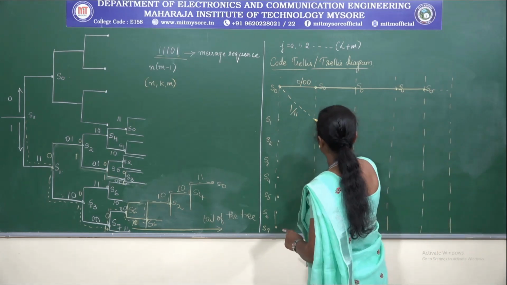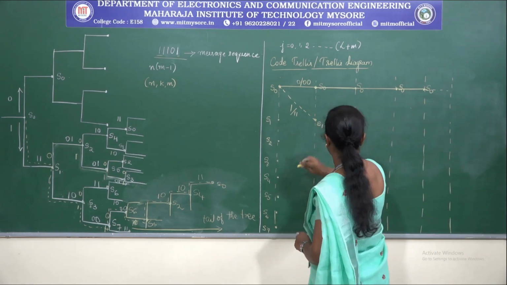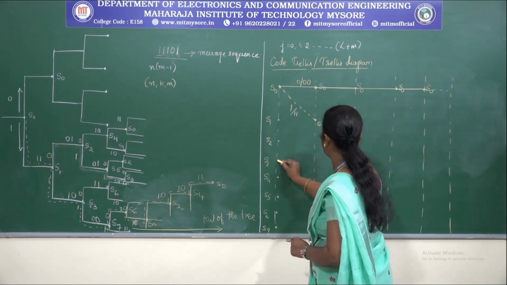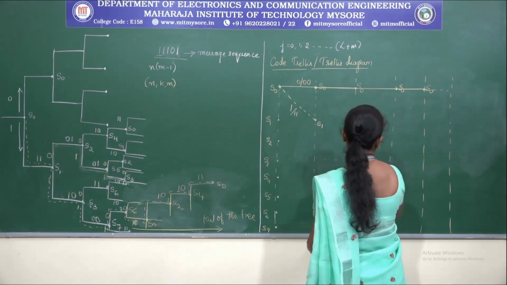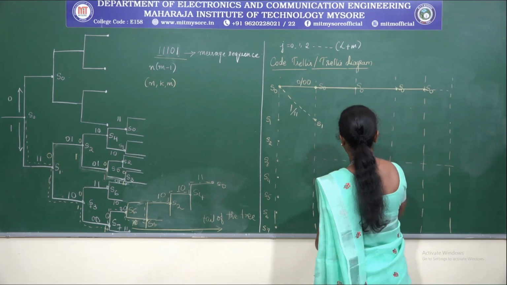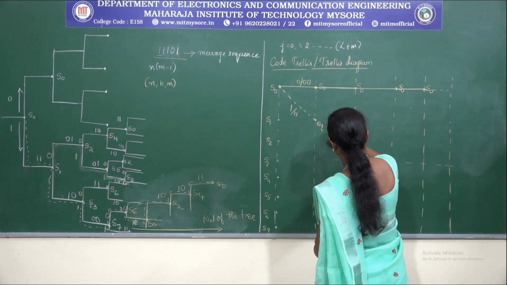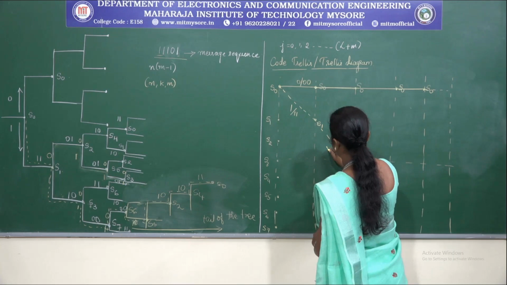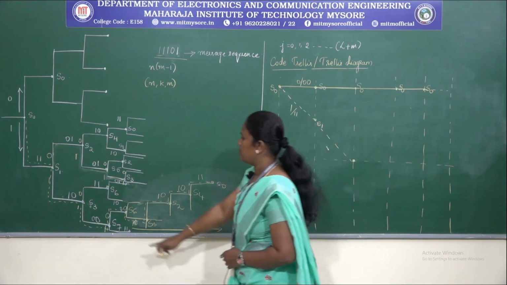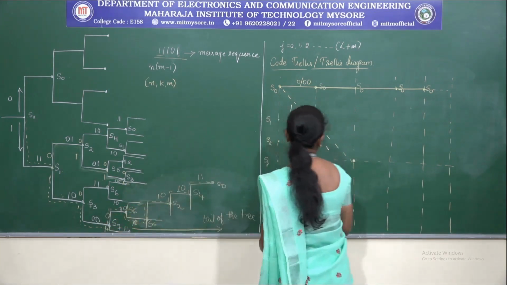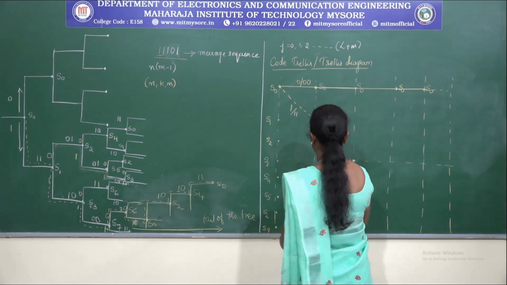So now from S1, it is reaching S3 of the third branch. Okay, this is for input 1. So this is S3 with input 1. What is its output? The output is 0 0.